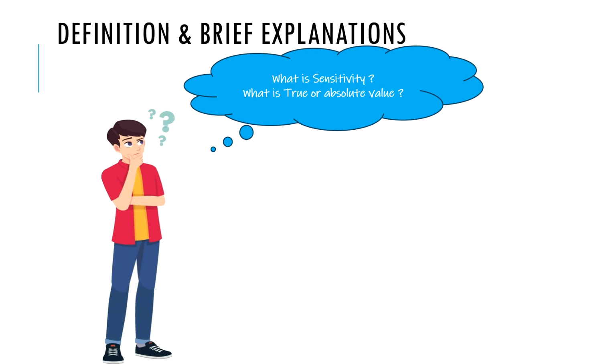That means we cannot get a true value with perfection. Are you getting me? Instead, we try to obtain a value that is as close as possible to the actual value. Therefore, the true value can be considered as the ideal or actual value of the measured quantity.